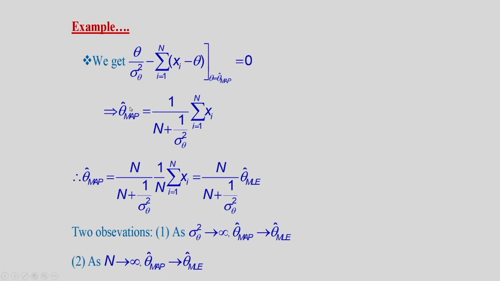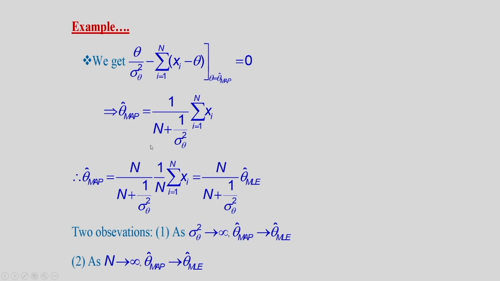So this will give theta hat MAP equal to 1 over (n plus 1 over sigma theta square) times the summation of xi, i going from 1 to n. This is the expression for theta hat MAP.